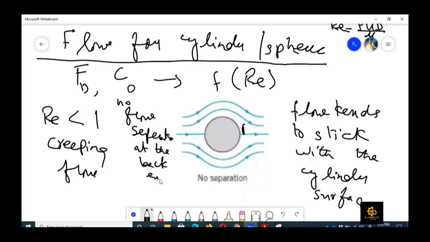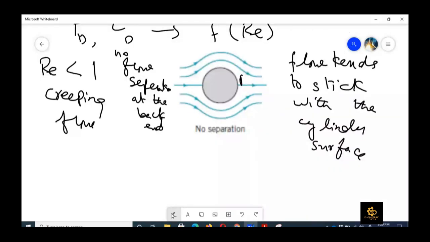Right? When there is no flow separation, it means that there is no pressure difference or minimal pressure difference between front and back, because the major pressure difference arises when there is a kind of flow separation. So it means that when the Reynolds number is less than 1, the total drag force in this scenario is predominantly due to friction drag.